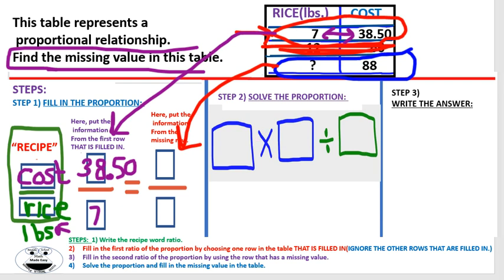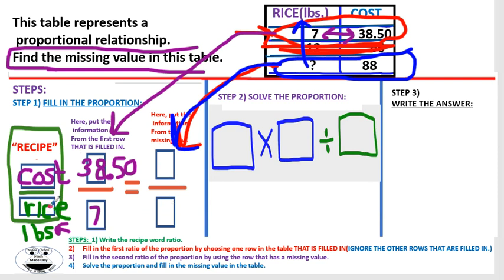Now I have the last row, and I need to put the information from it into my ratio, right here. I take the question mark, and I have to make sure to see, is this rice pounds or cost? I look up, and I see it is in the pounds of rice column. So do I put it on the top or the bottom?